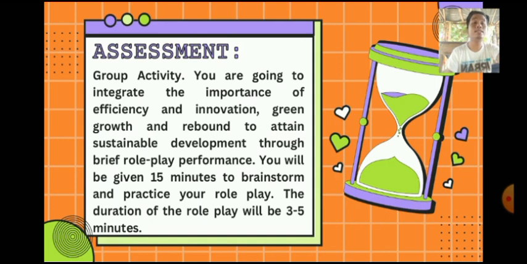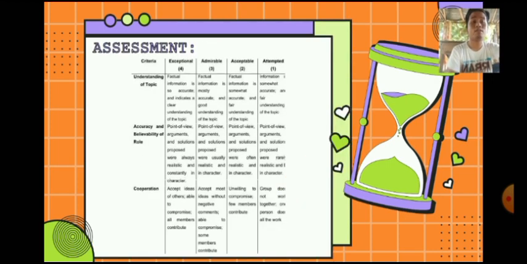And lastly, in a group activity, you are going to integrate the importance of efficiency and innovation, the green growth and the rebound to attain sustainable development through a brief role play performance. You will be given 15 minutes to prepare your role play, and the duration of the role play will be 3 to 5 minutes. So here are the rubrics.